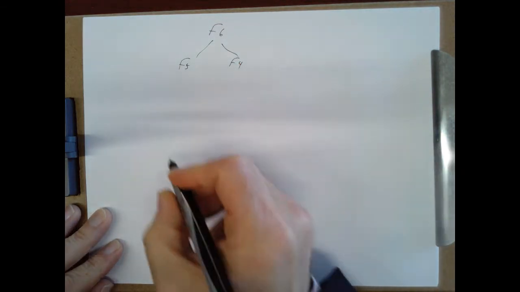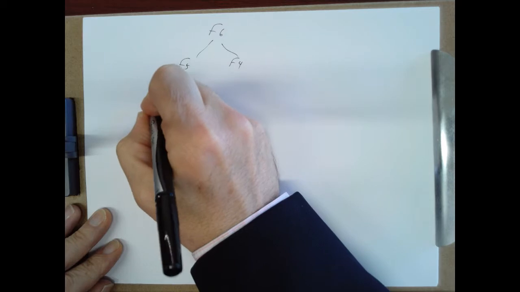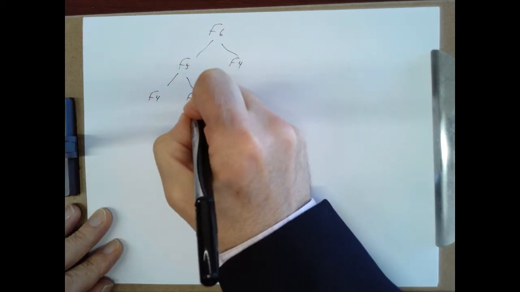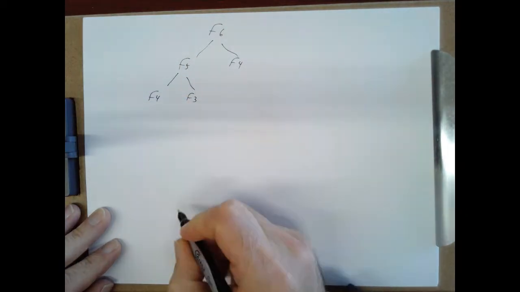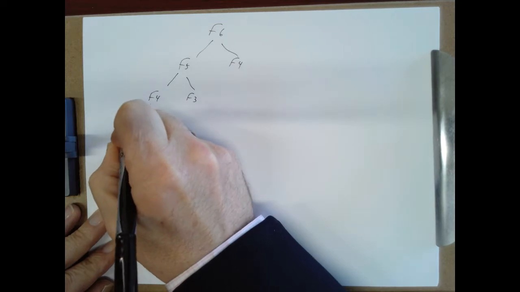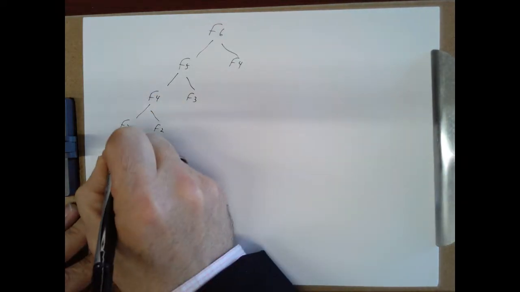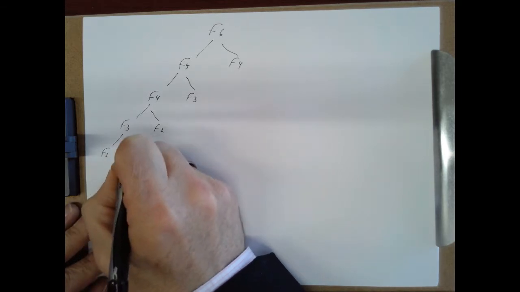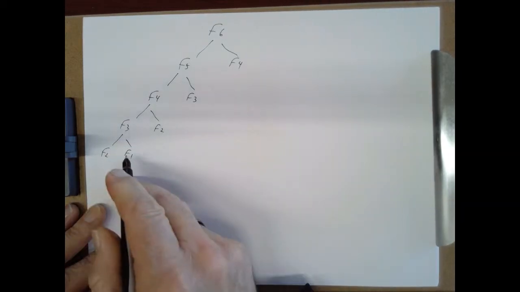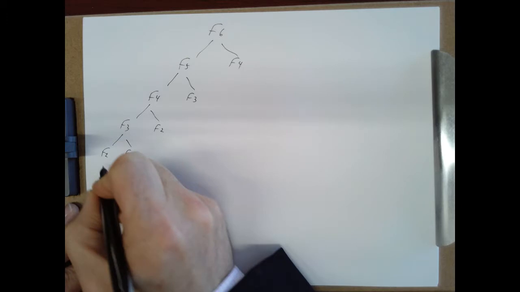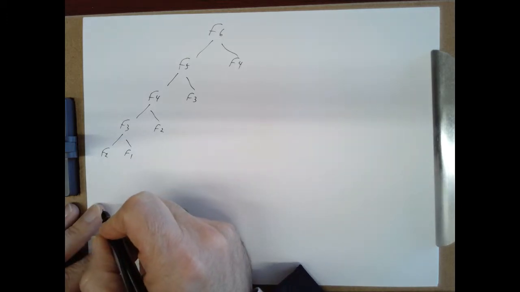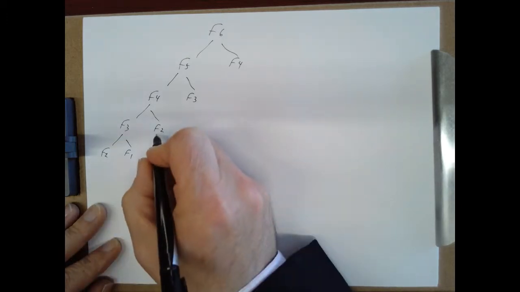To find f of 5, we need to find f of 4 and f of 3. And to find f of 4, we need f of 3 and f of 2. And to find f of 3, we need f of 2 and f of 1. And f of 1 and f of 2, we don't have to call recursively because those are base cases. Those just return 1.